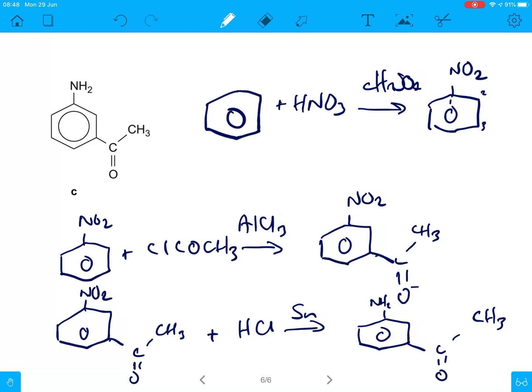Okay, so the only groups you need to worry about are the 2,4 directing groups. Now the 2,4 directing groups are NH2 and OH, and the easiest way to remember the phenol is if you react phenol with bromine, you get 2,4,6 tribromophenol, and carbon 6 is in effect the same as carbon 2.